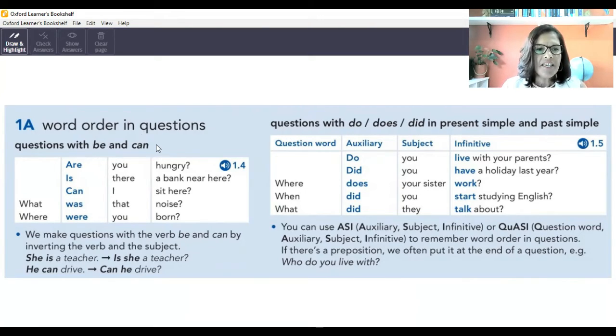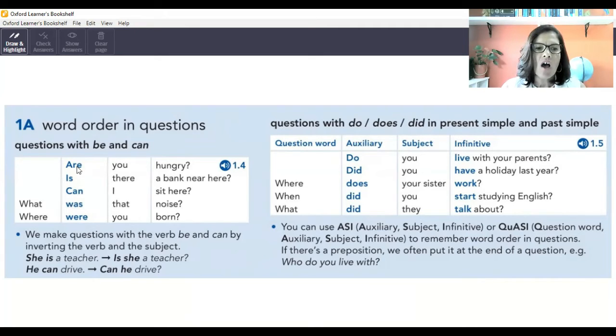So in here, they follow the same principle. The verb to be and the modal can move to the beginning of the sentence. All modals will follow the same principle. It goes to the beginning of the sentence for you to make your question.